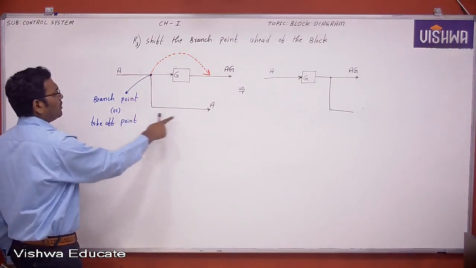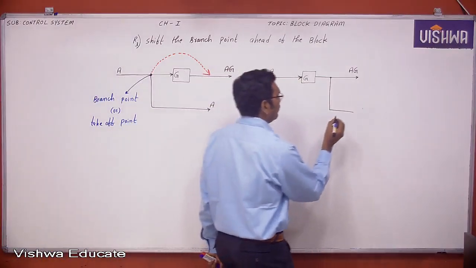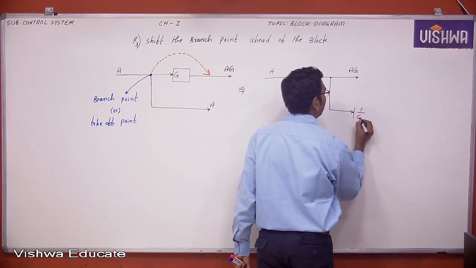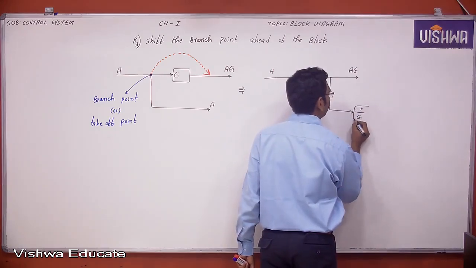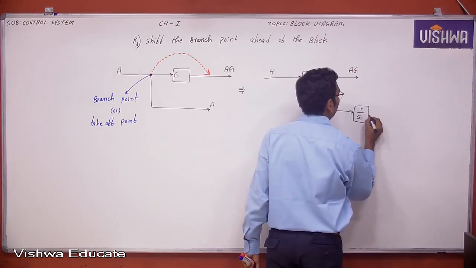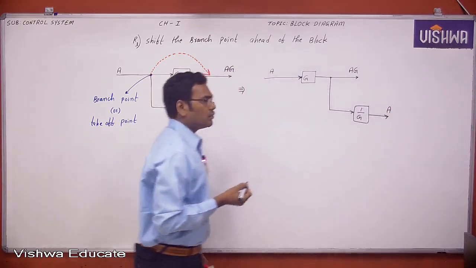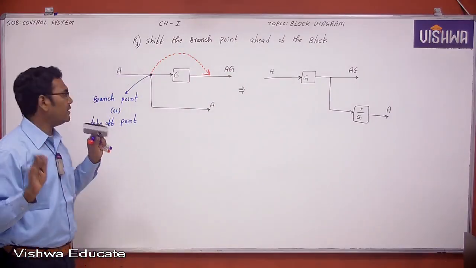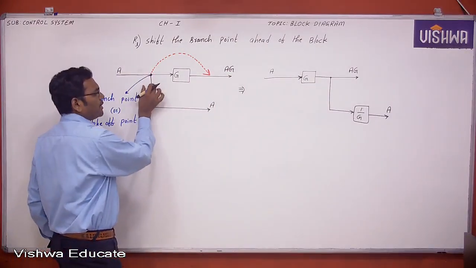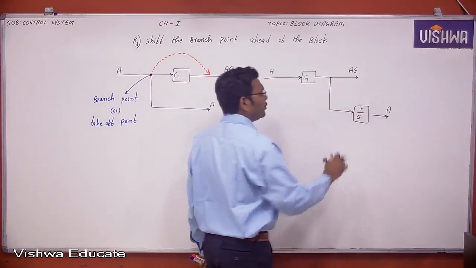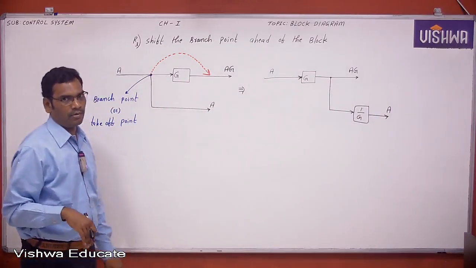But your original path value is A, therefore this path will introduce a block of gain 1 by G. So now this is A. Now your input output relation will be changed. Shifting the branch point ahead of the block, this path will introduce a gain of reciprocal.